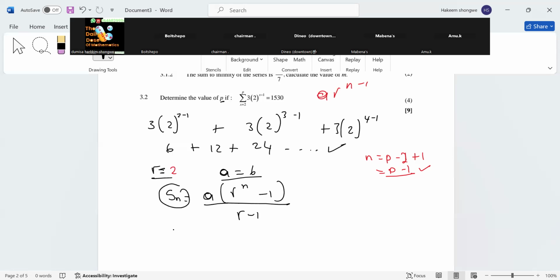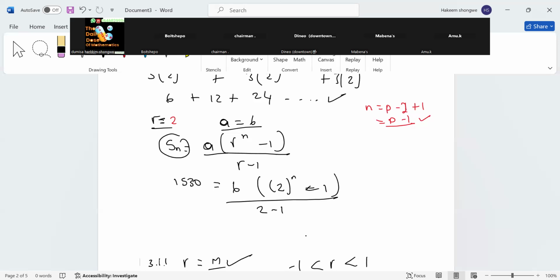Our Sn is 1530, our A is 6, our R is 2, and our n is P minus 1. Let's do it as n and then substitute it. So let's keep it as n: R to the power n minus 1, all over 2 minus 1.